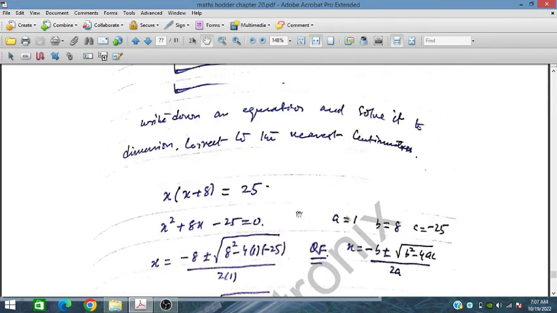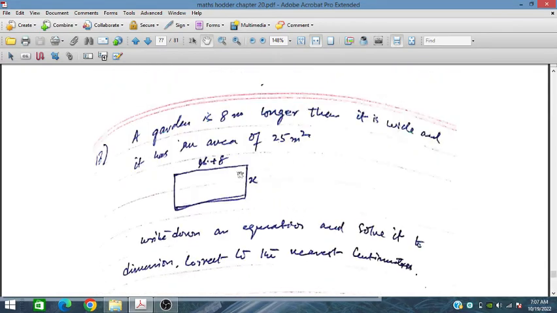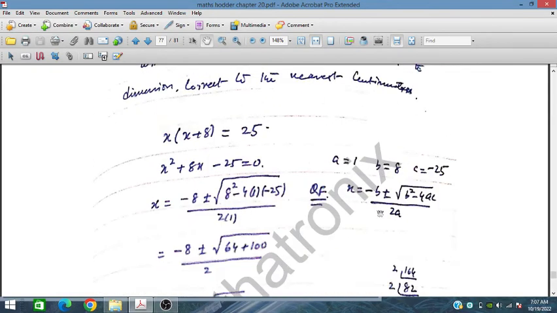This is not possible because this is a negative value, and a dimension should be positive. So we'll ignore this one. So this is the solution: minus 4 plus under root 41. So x plus 8 is equal to 4 plus under root 41.